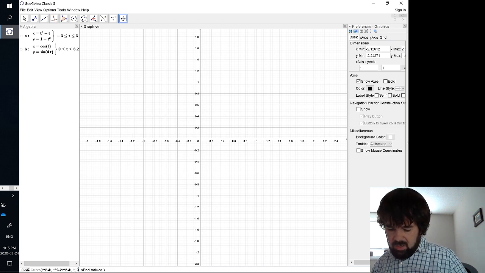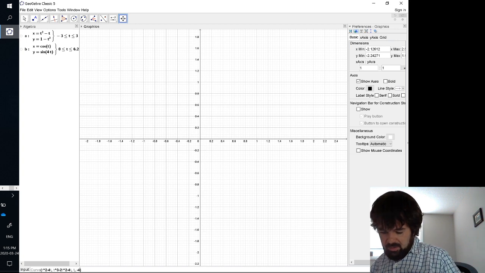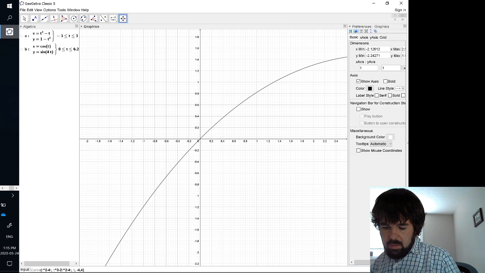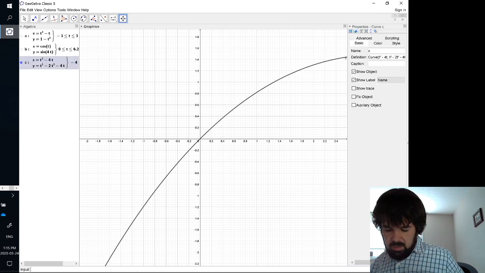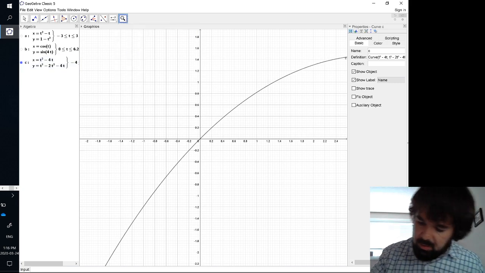So let's say we go t going from 0 to 4. Okay, interesting. Let's try, actually let me try a bigger range of values, minus 4 to 4. Okay. Yeah, let's do that. And now that looks perfectly smooth, but let me zoom out.